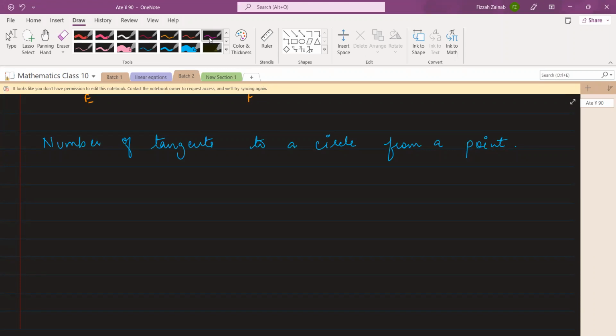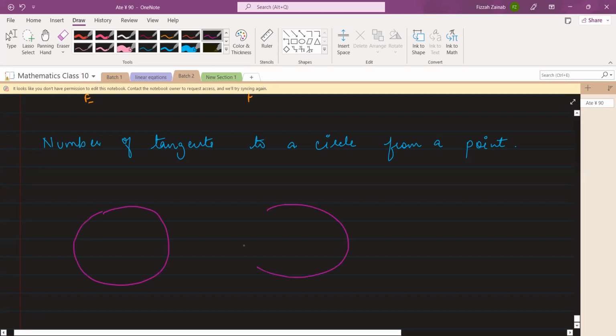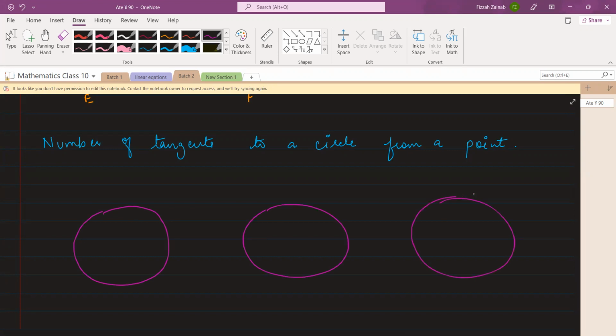Now there can be three cases, so I'm drawing three circles. Sorry, they don't look like circles, but please take them as circles. Now there can be three possibilities: my point P is inside the circle, my point P lies on the circle, and the point P is outside the circle. Clear?